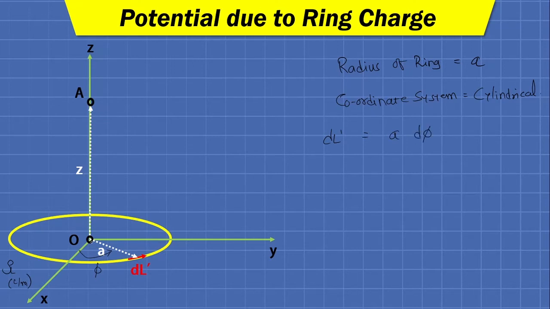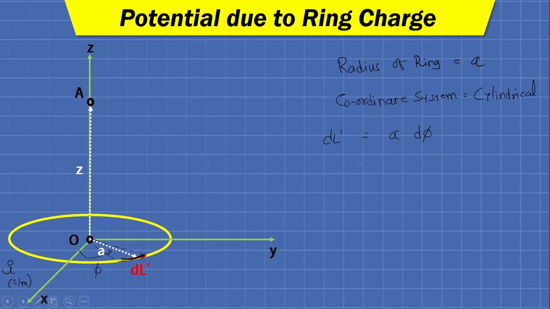Or you can imagine this length as an arc on the ring, and the length of an arc is nothing but the radius multiplied by the difference of angle. So d phi is the difference of angle and a is the radius of the ring. In both ways we can understand this relation.